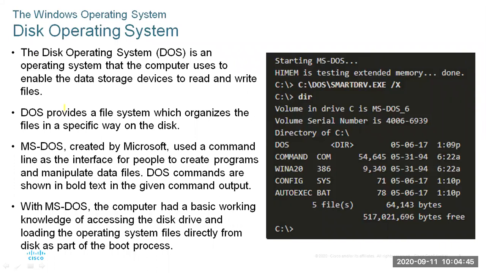So DOS provides a file system which organizes the files in a specific way on the disk. MS-DOS, created by Microsoft, used a command line as the interface for people to create programs and manipulate data files. DOS commands are shown in bold text in a given command.